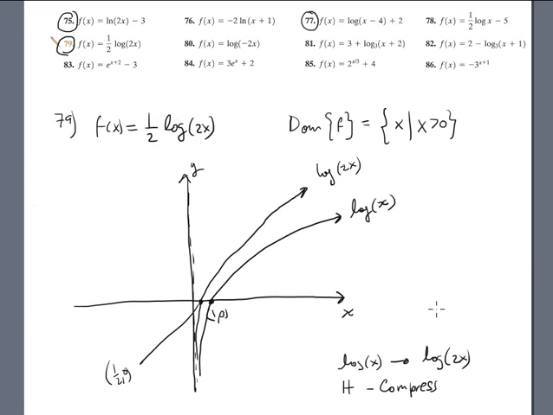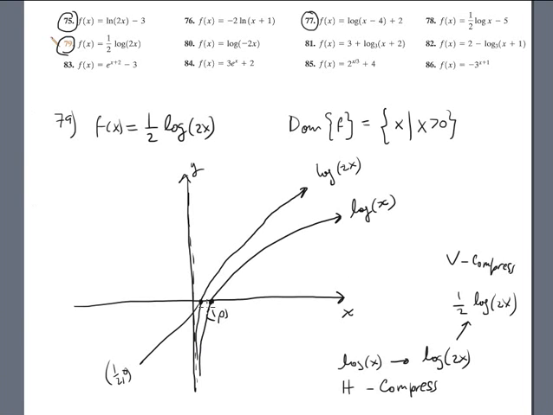And also multiplication by 1/2. When you multiply this time by 1/2 the logarithm of 2x, a vertical compression occurs.